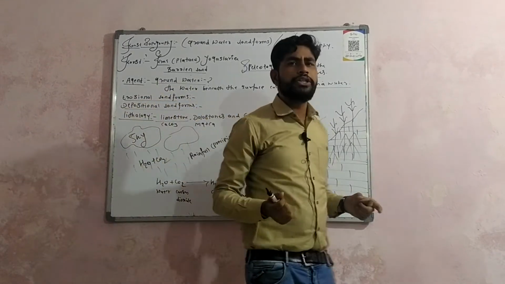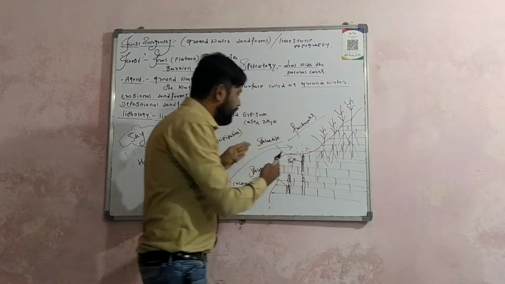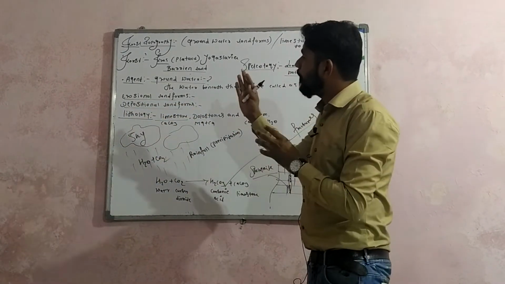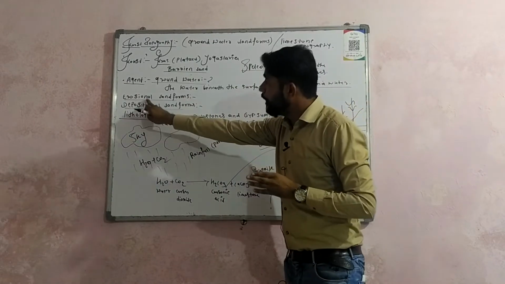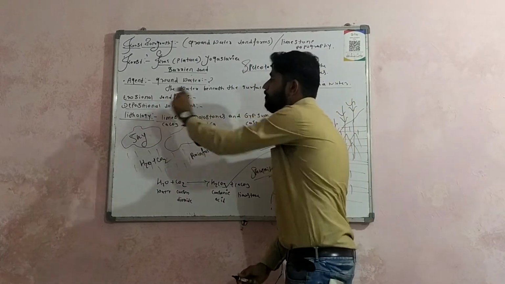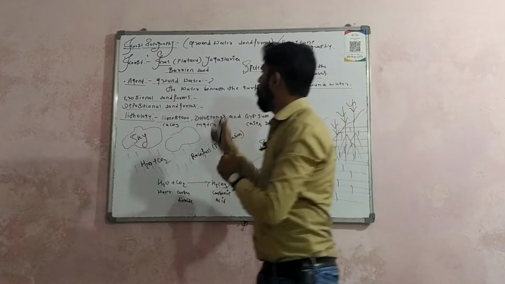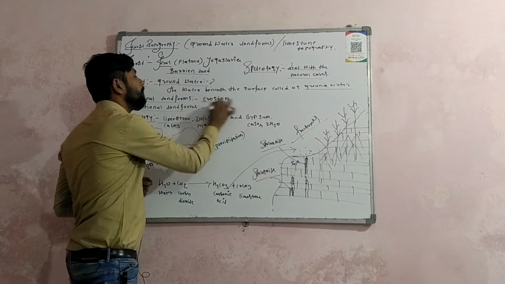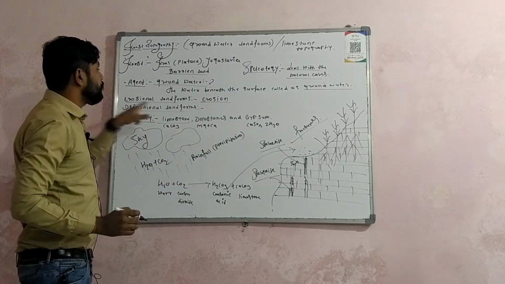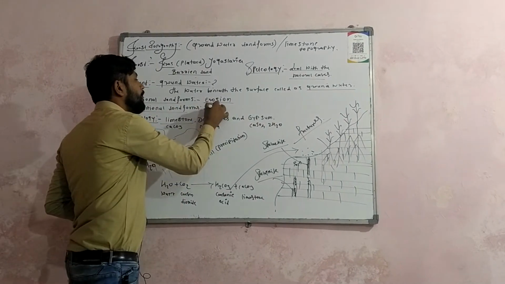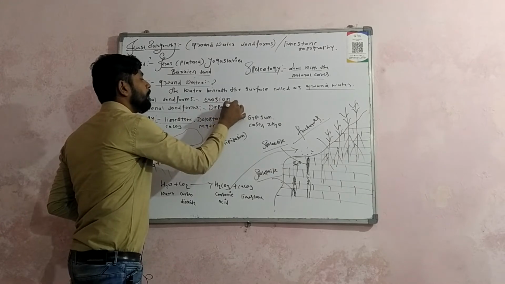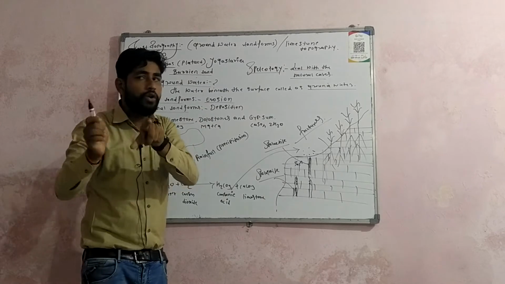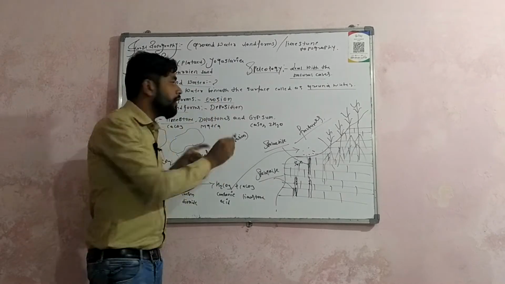Now this is about the depositional features. You know that in our heading we use karst topography, but karst topography has erosional as well as depositional landforms. Erosional landforms are created by erosion, and depositional landforms are created by deposition, meaning accumulation.